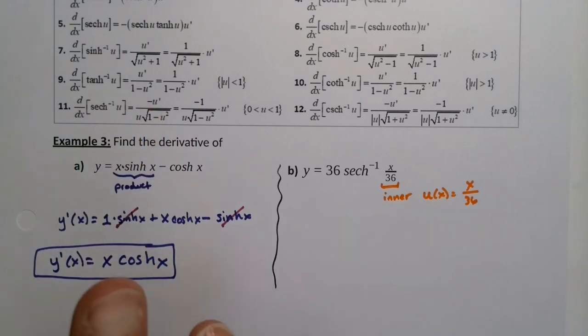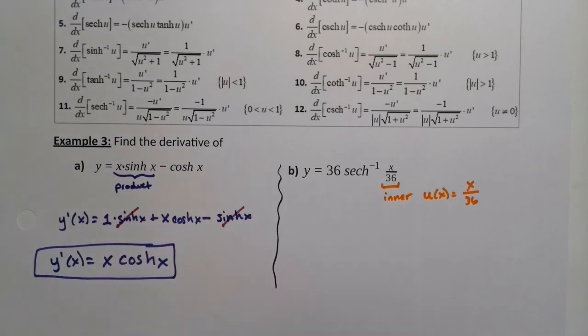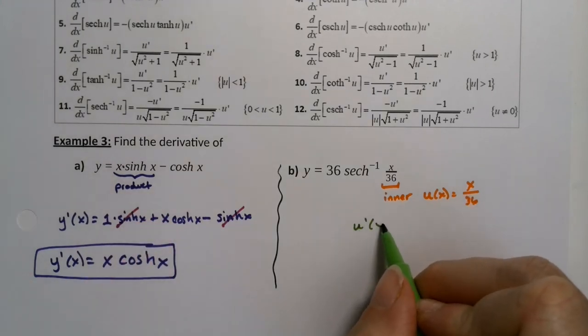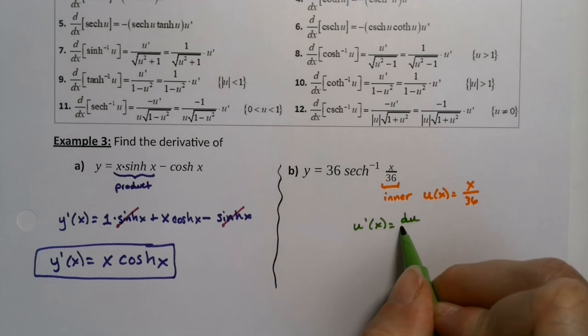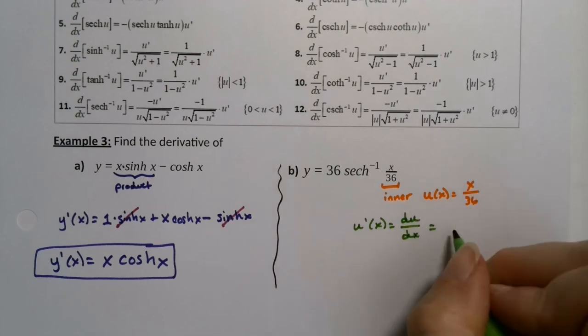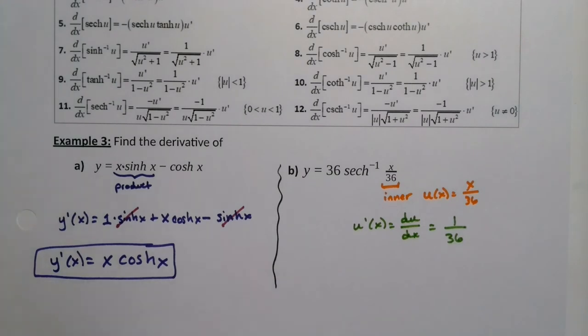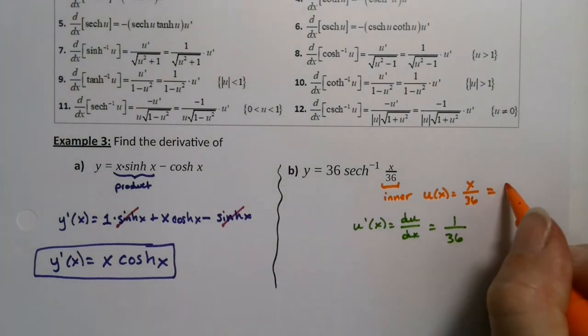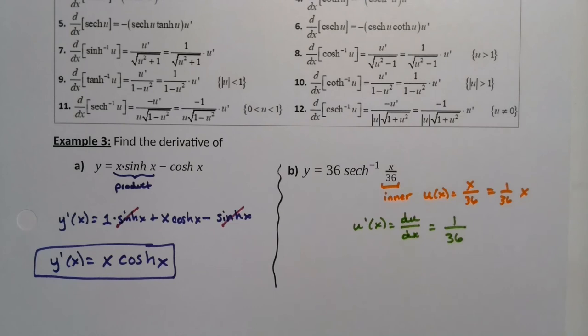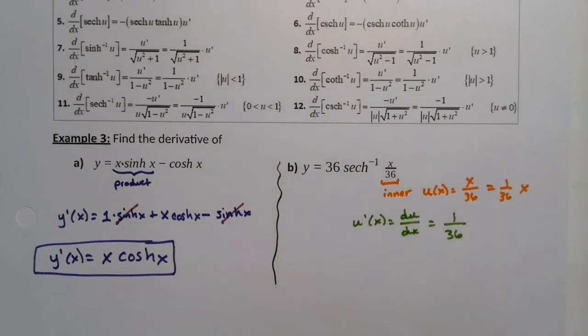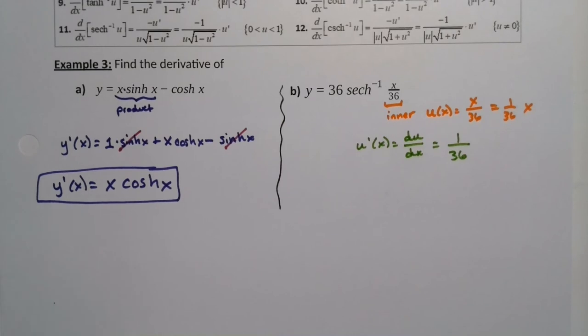U prime of x will be the derivative of x over 36. So u prime of x is du dx, which is 1 over 36, because this is x to the 1. If you like, this is 1 over 36 times x, right? So then this would just be 1 over 36. Okay, so then now let's find the derivative.